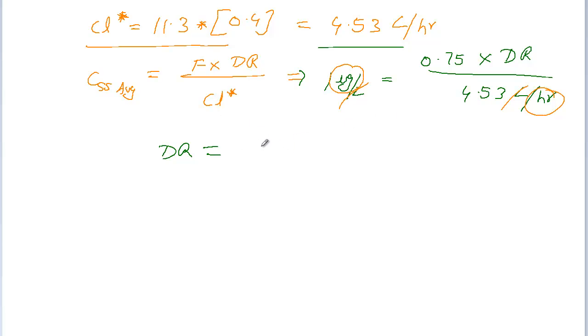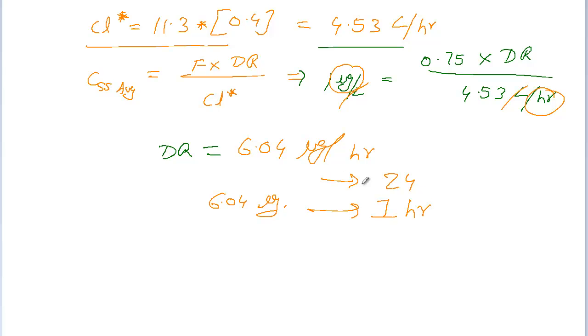If you solve this, you will get a value of 6.04 micrograms per hour. How much is that for 1 day? Multiplying by 24 hours, we have a value of 144.91 micrograms per day.